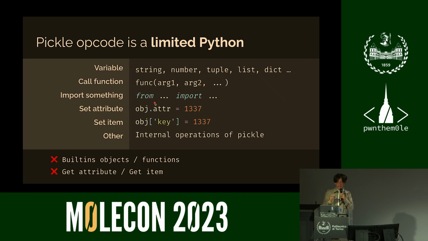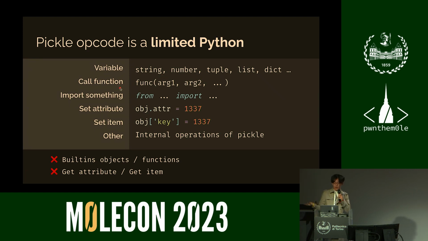I categorize the capabilities of pickle into these 6 types here. First, it can create a value, not a variable. You can create string, number, tuple, list, dictionary, or float or something.